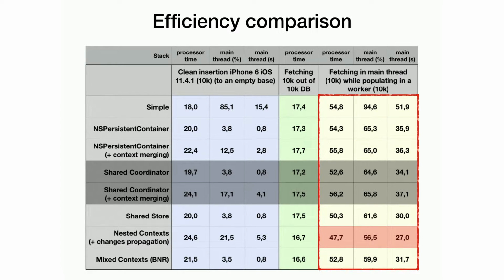But the winner is nested context, because it doesn't really have any real concurrency, it doesn't have any locks, and all this stuff is merged within the main context. That's why, although it doesn't have the best result in pure insertion, in the mixed condition it works quite nicely.